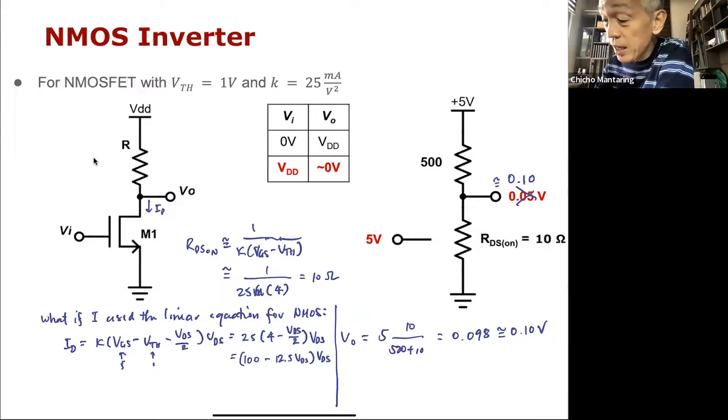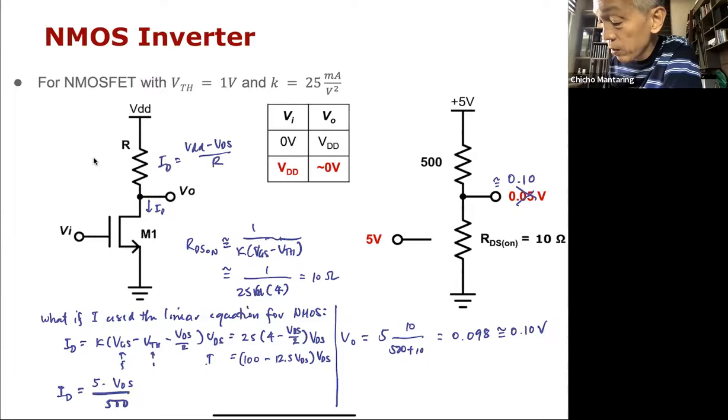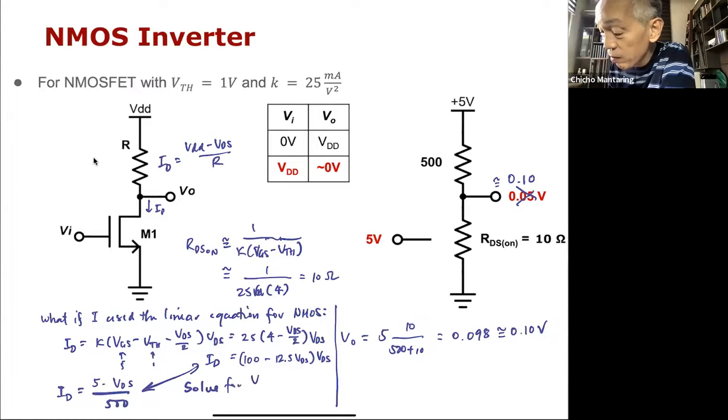But then ID is also equal to (VDD minus VDS) over R. So in this particular case, ID is equal to (5 minus VDS) all over 500. So I equate these two. If I solve for VDS, this ends up being a quadratic equation with two roots.